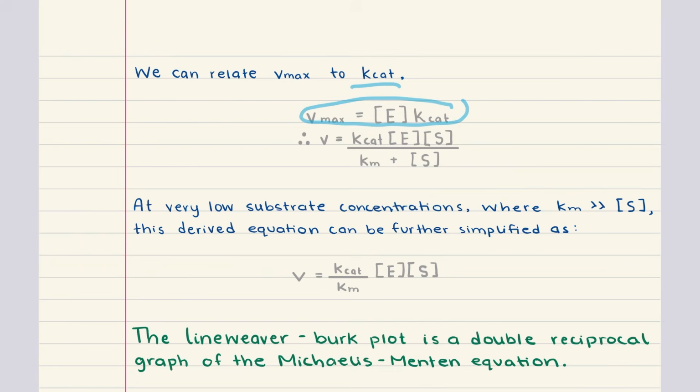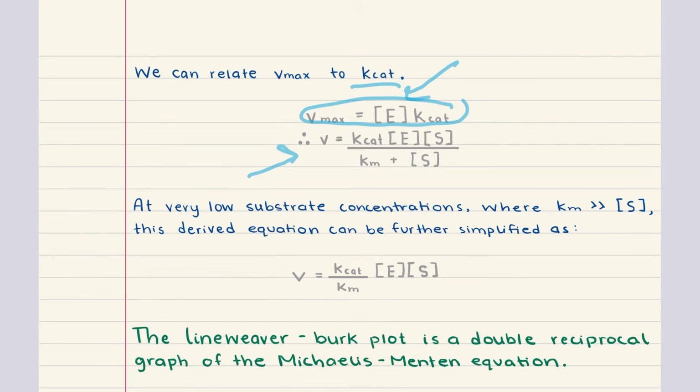In this equation, [E] is the concentration of the enzyme. So this tells us that the maximum rate depends both on how much enzyme is present and how fast each one works when it's saturated. If we plug this expression for Vmax into the Michaelis-Menten equation, we get the equation that you see here.